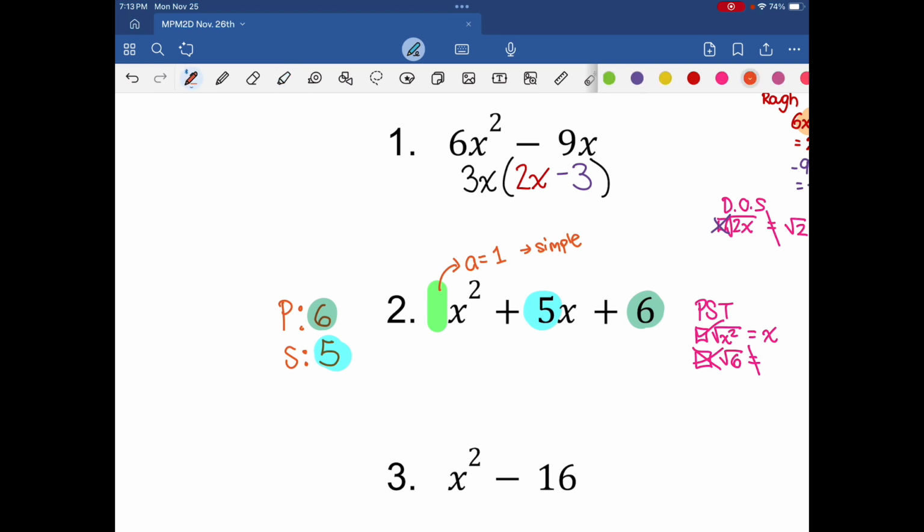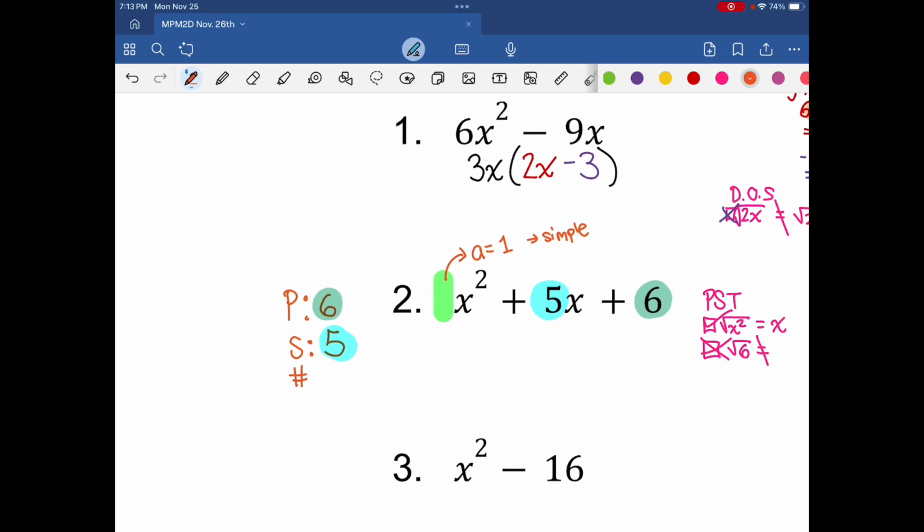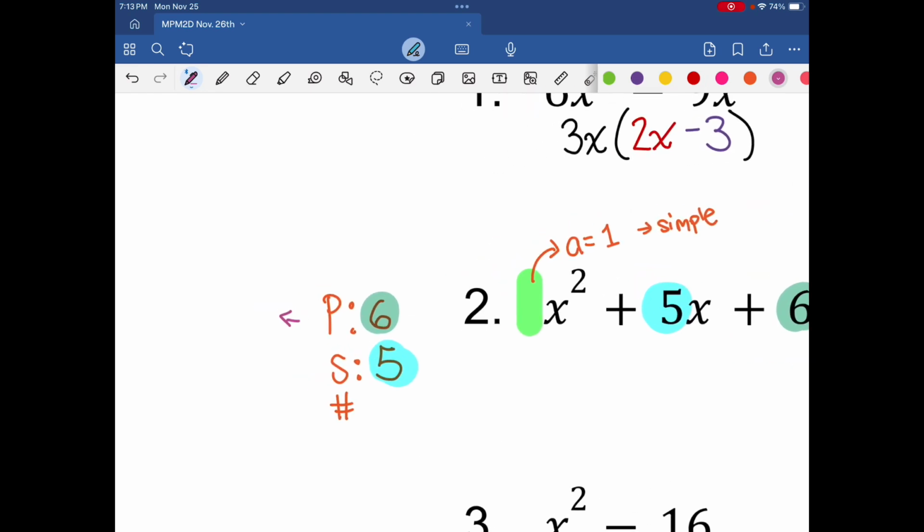So now I'm looking for two numbers that when multiplied give me 6, but when added give me 5. My suggestion is start with the factors of your product. Numbers that multiply to make 6 are 1 and 6, 2 and 3. Are there any more? No, we got them all.